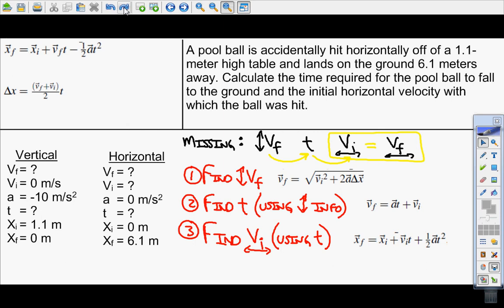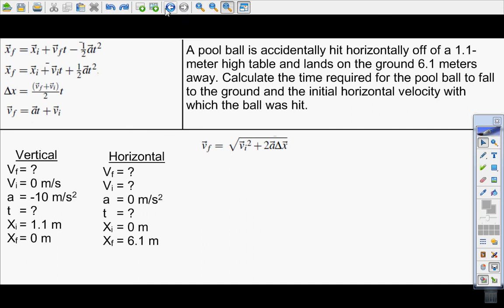Alright, so let's go ahead and get started. Alright, so step number 1. I'm going to go ahead and start solving for my vertical final velocity. Alright, so vertical final velocity is equal to, well, I know what the vertical initial velocity is, it's 0, and I'm going to square it, plus 2 times the vertical acceleration, that is -10, and I know that, meters per second.